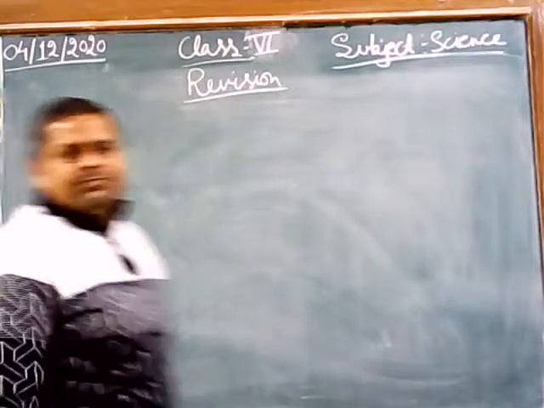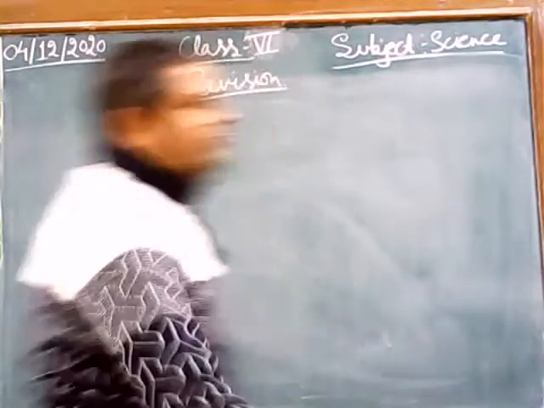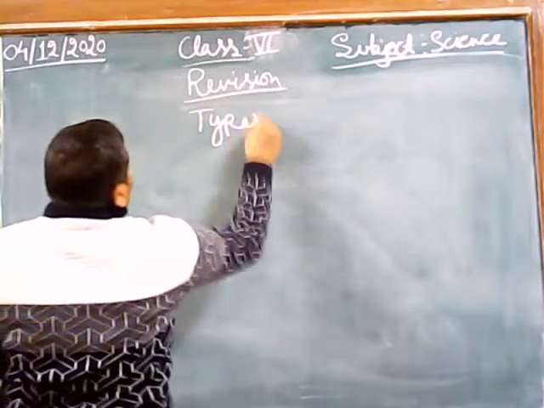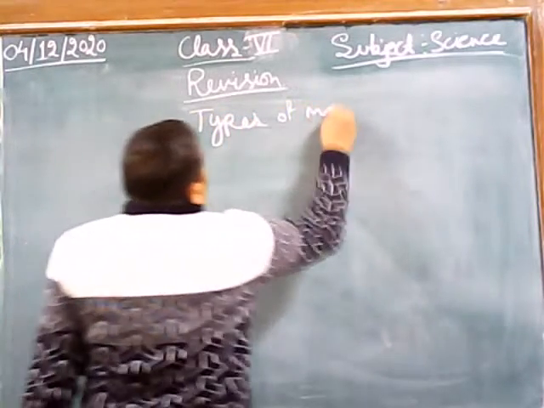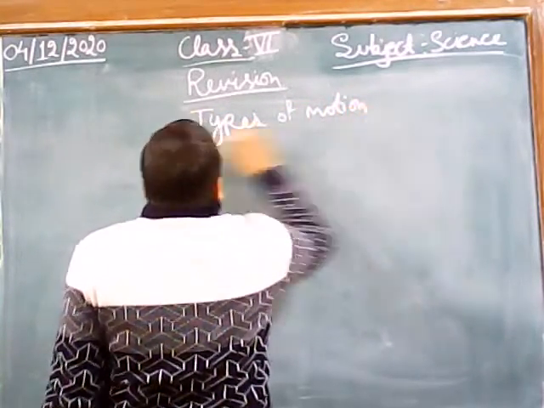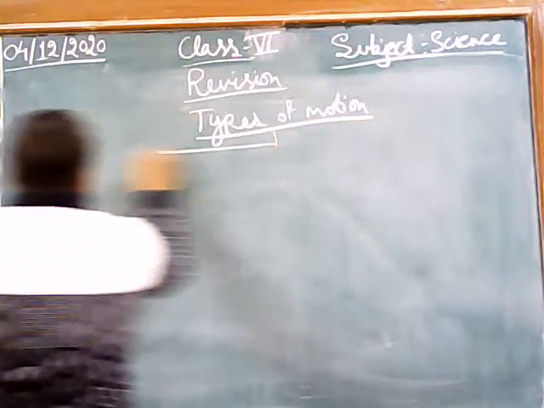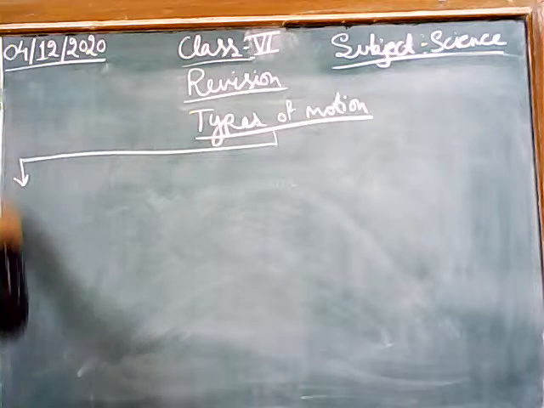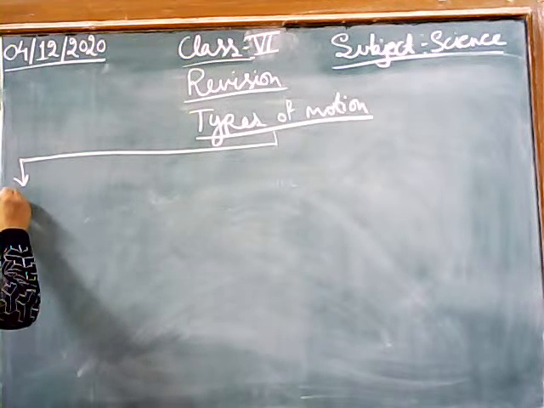Now, types of motion. You have to see the types of motion and learn their examples. Straight line motion, also known as rectilinear motion.